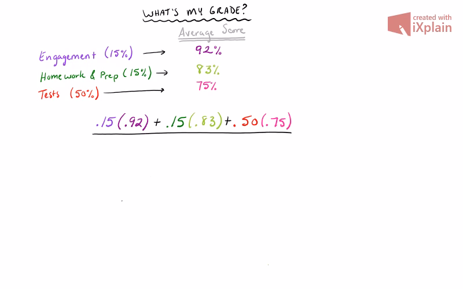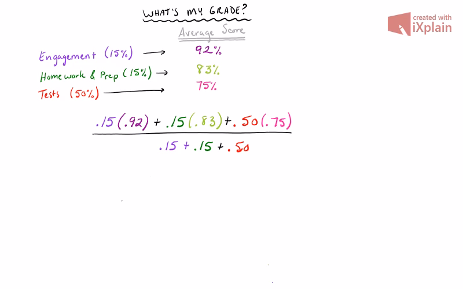So that's why we're not putting it in right now, because it would make their grade look worse. So we're using a weight of 15 for engagement, a weight of 15 for homework and prep, and a weight of 50% for the tests.